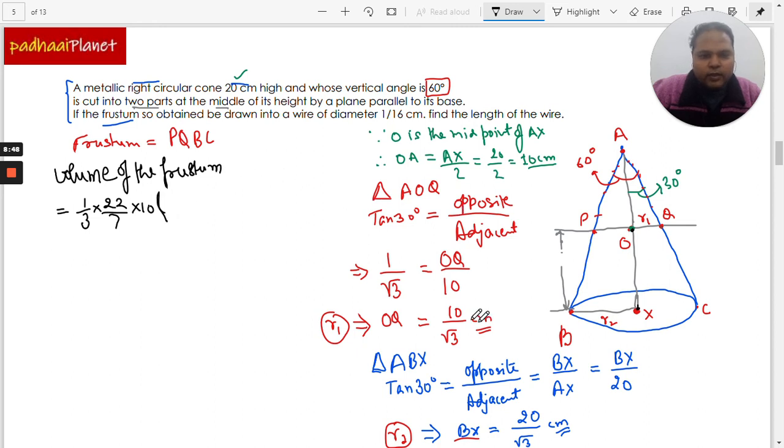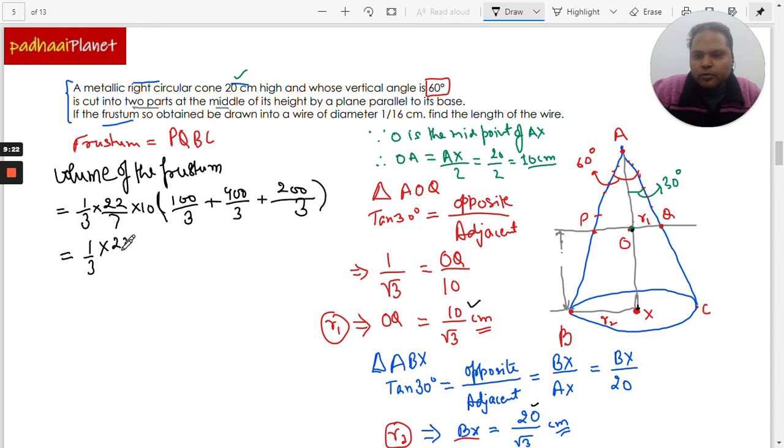R1 is 10 over root 3, so that's 100 upon 3, plus R2 square, so that's 400 over 3, and plus R1 multiplied by R2, so that's 200 over 3, right?